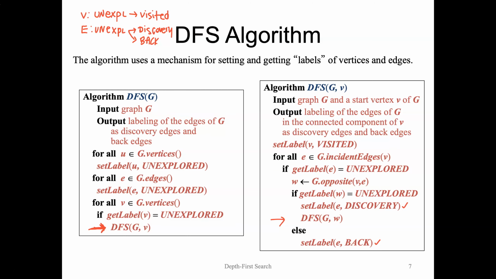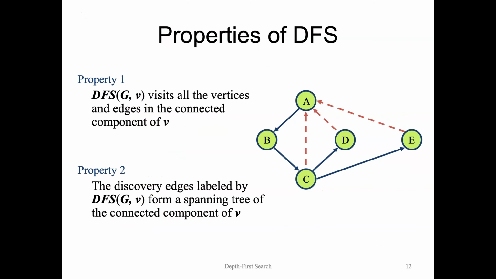Okay, so this means that our DFS call beginning with some starting vertex V will visit all of the vertices and edges in the connected component that V belongs to. And secondly, the discovery edges labeled from DFS form a spanning tree of the connected component that V belongs to.